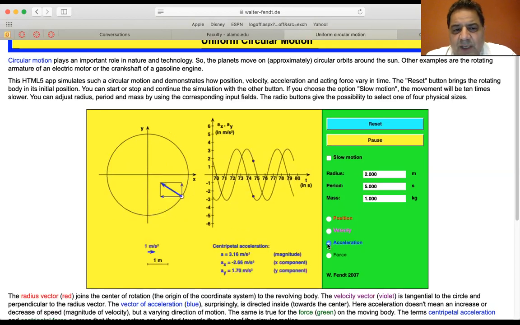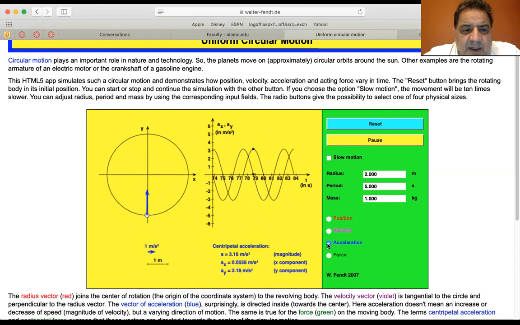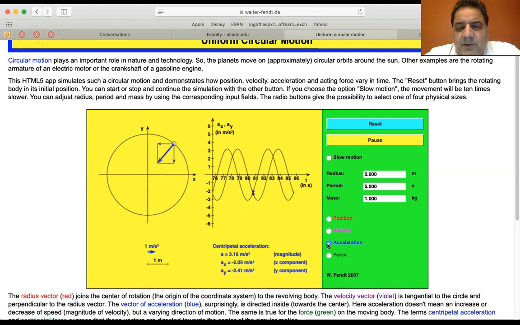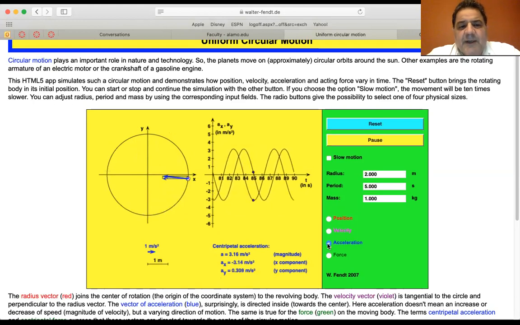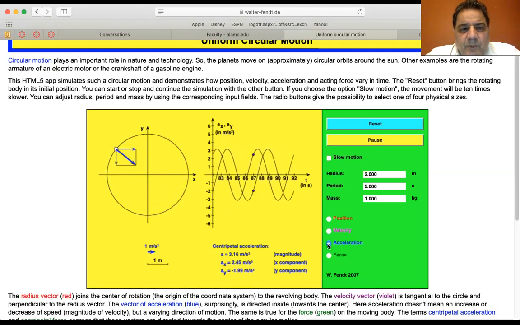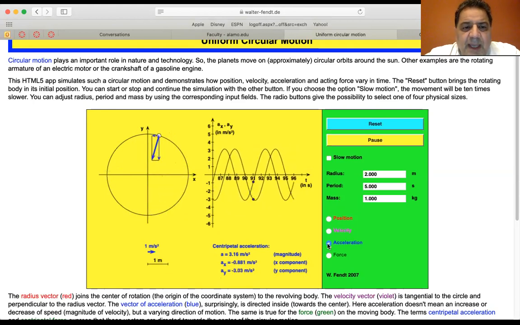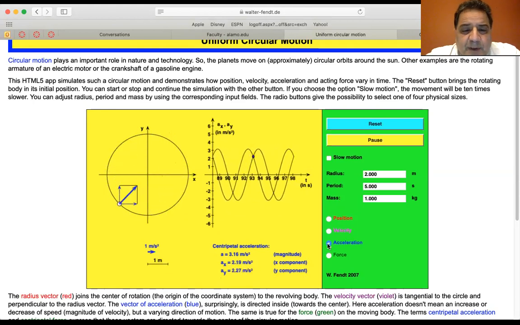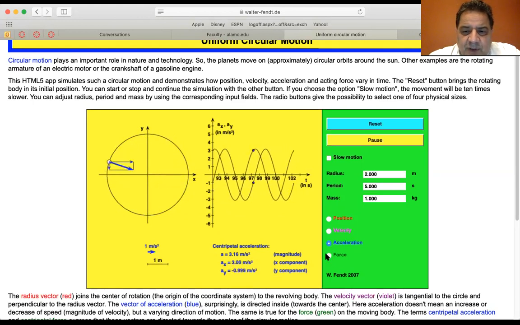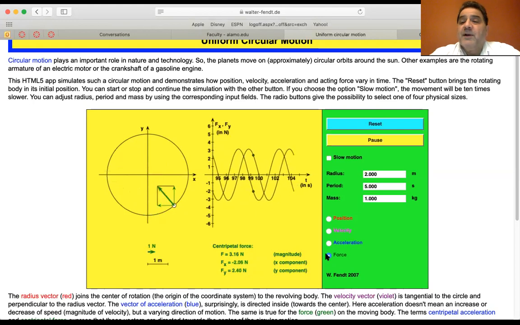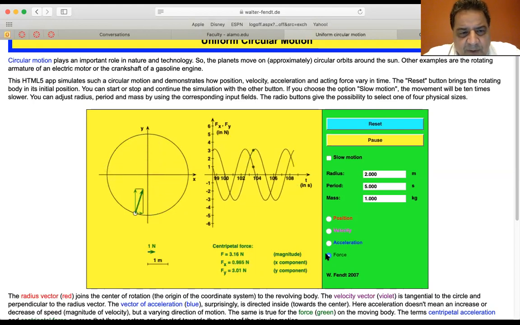Let's look at the acceleration. No surprise there. You have a vertical acceleration, you have a horizontal acceleration, but look at the total acceleration, the sum of the two, and it's always inward. It's the centripetal acceleration. And of course, since there's a centripetal acceleration, there's a centripetal force on the particle.